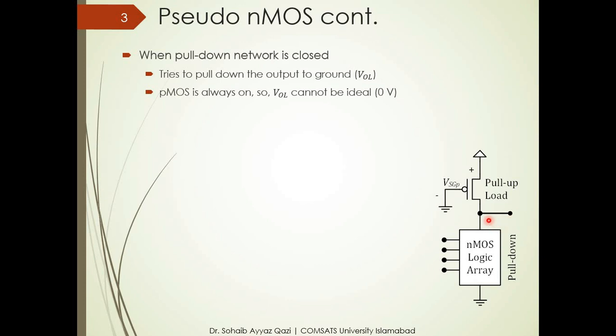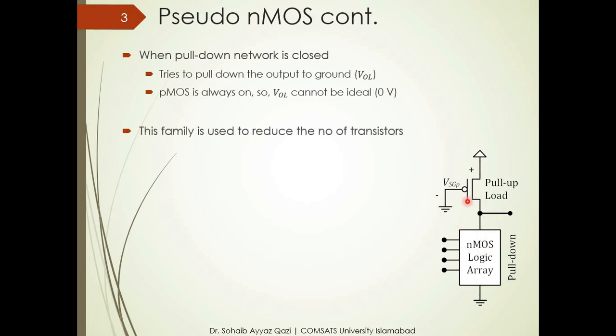PMOS is always on, and it tries to connect the high voltage to the output. The nMOS pull down network, when closed, tries to get the output to 0, but the output voltage cannot be an ideal 0 volts, because this PMOS is always pulling the output to high voltage.